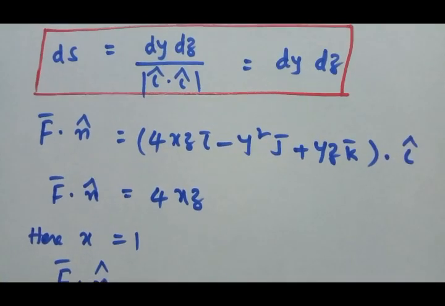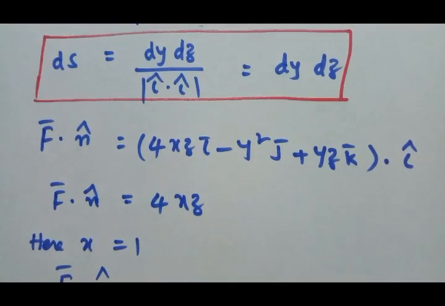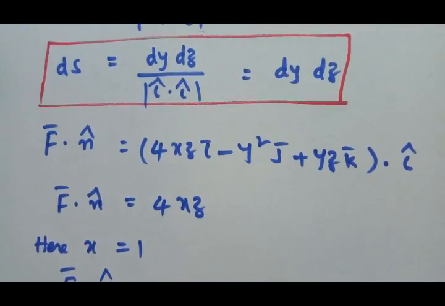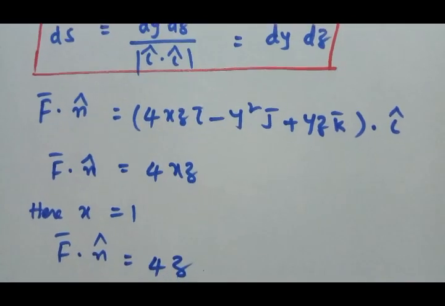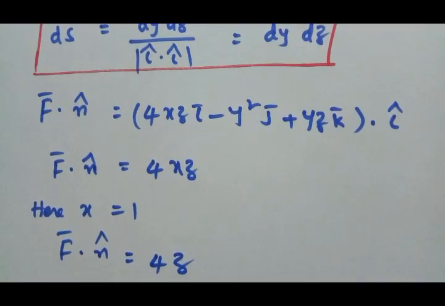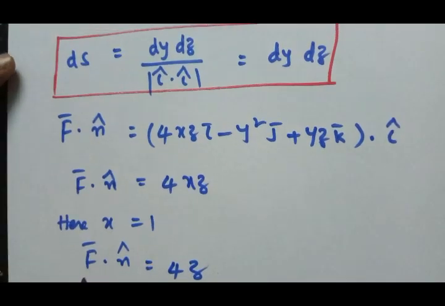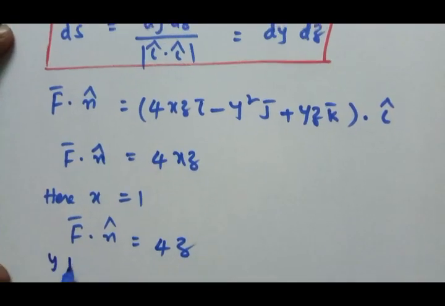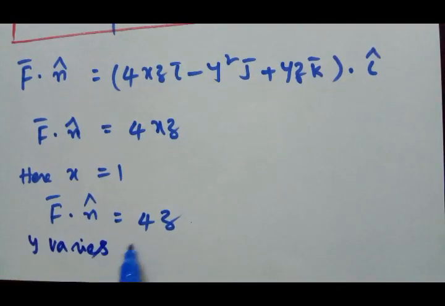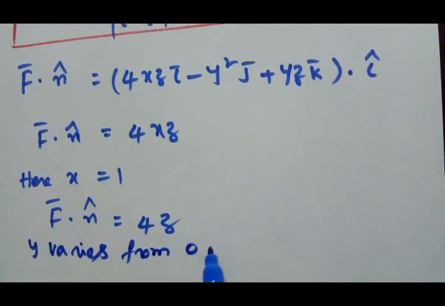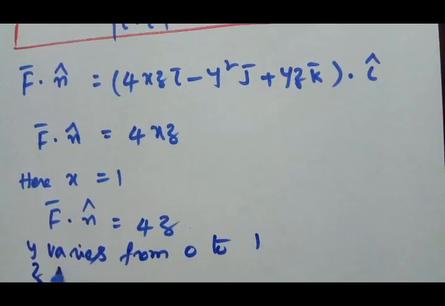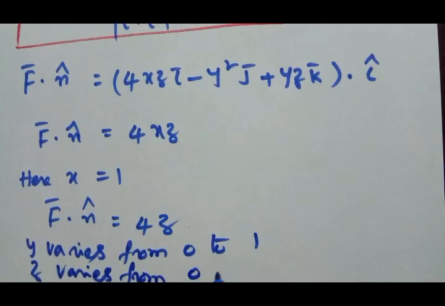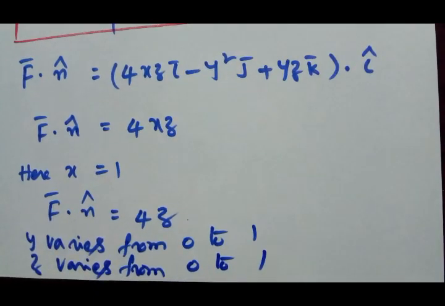So the planes are x equal to 0, x equal to 1, y equal to 0, y equal to 1, z equal to 0, z equal to 1. So therefore our sides are at x equal to 0, at x equal to 1, at y equal to 0, at y equal to 1, at z equal to 0, at z equal to 1. Therefore y varies from 0 to 1, z varies from 0 to 1.